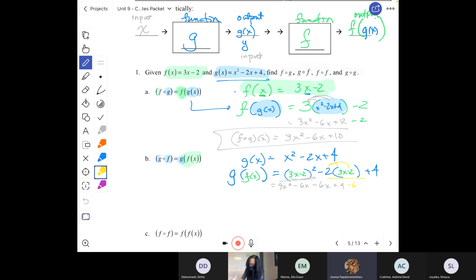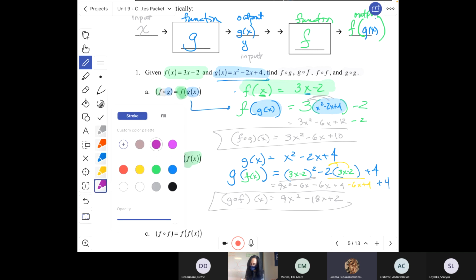So that's minus 6x plus 4. And then I still have this plus 4. So if I combine all my like terms, for g composed with f, what is my final function in standard form? 9x squared minus 18x plus 12. Excellent. So there will be the composition.